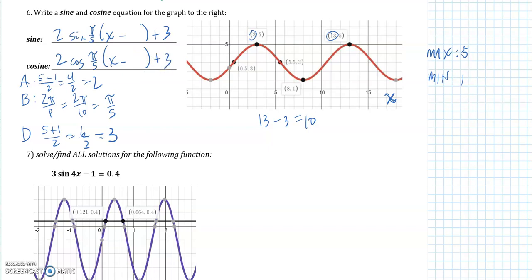Sine starts on the midline and increasing. So the midline is at y equals 3, and there's 2 points given. The second one's a distractor because the function is decreasing at this point. That's not my reference point starting on the midline. But this one is. And so this function moved right 0.5.